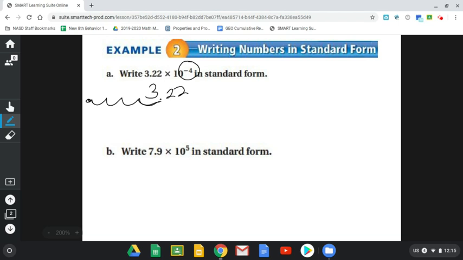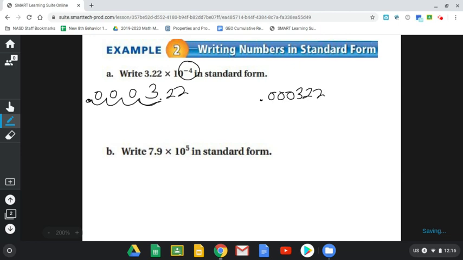Step number 2 is to fill in all those empty little spaces with zeros. So 1 here, 1 there, and 1 there, and I filled them in. Now I'm going to rewrite this number so that it looks neat. I'm going to put the decimal point, and I have 3 zeros, and the 3, the 2, and the 2 that were originally in my scientific notation.